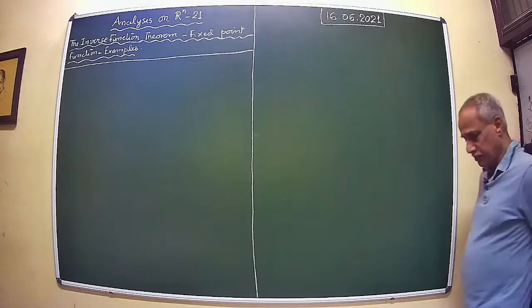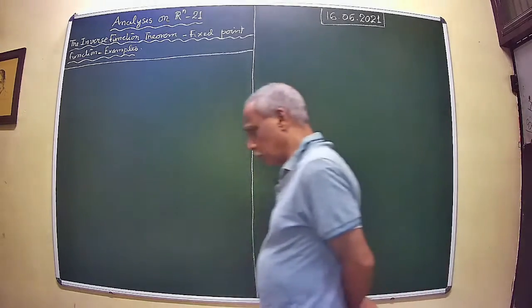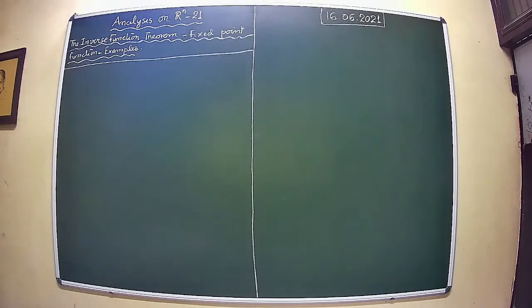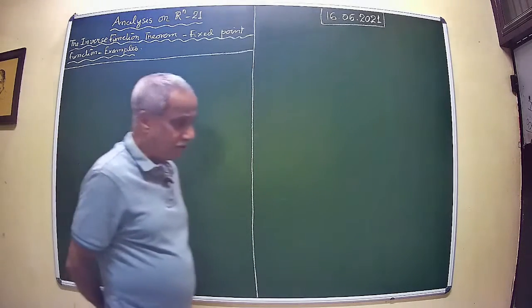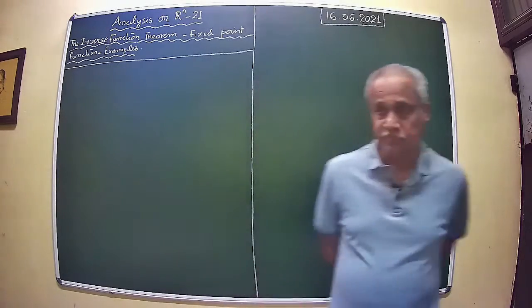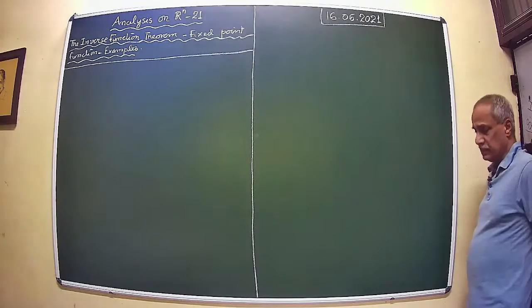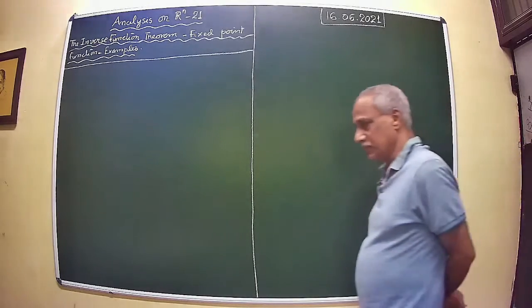We postponed discussion on this function at that stage because it would have affected the main flow of the proof of the theorem. But it is worthwhile to have a look at this function.